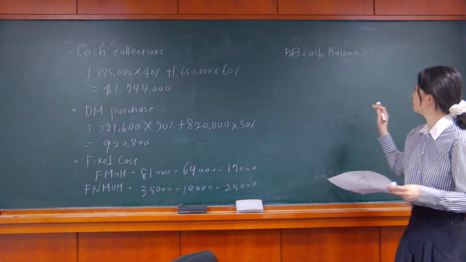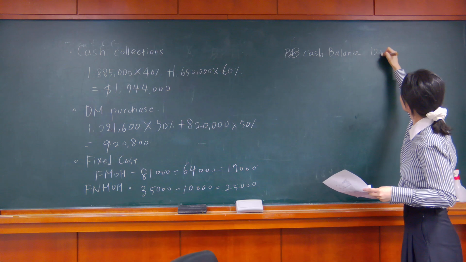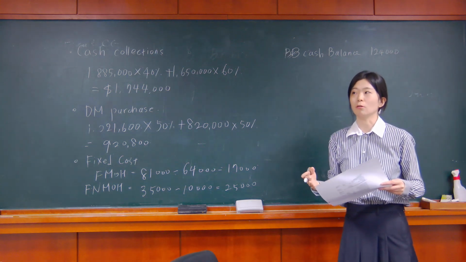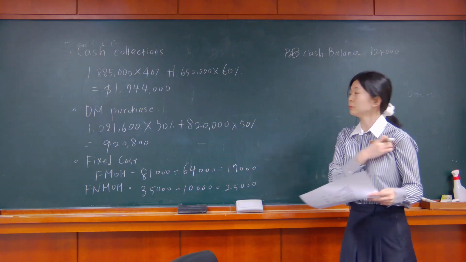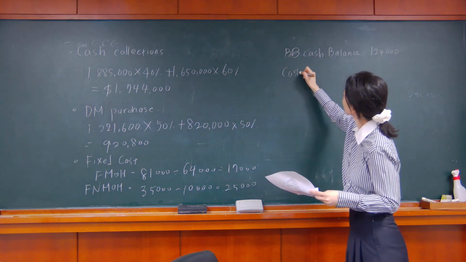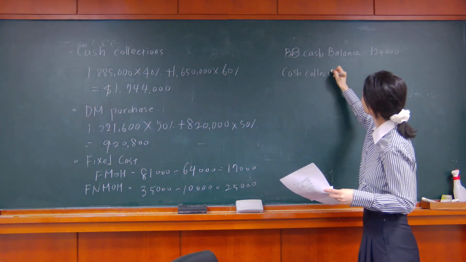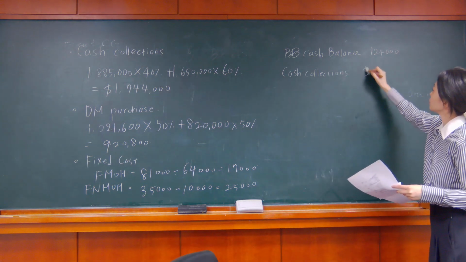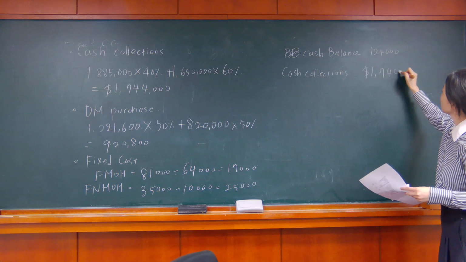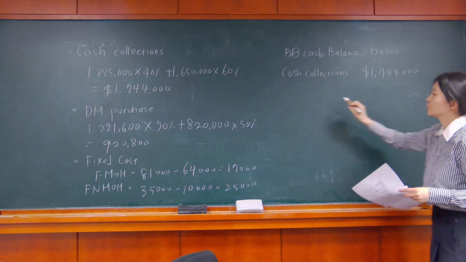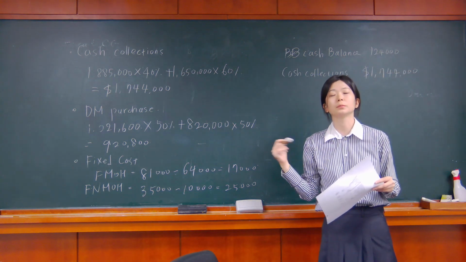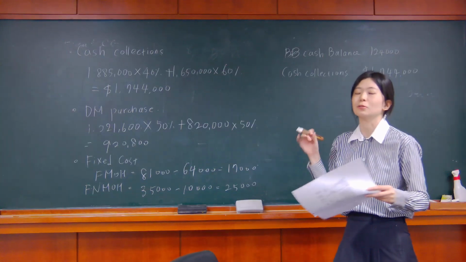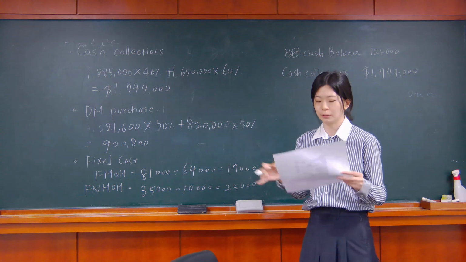Which is 124. On top of that, we also need to add up what's called the cash collections from sales. So this is $1,744,000. So these two make up what's called the cash available for needs. In this case, for convenience, I'm not going to write those down.